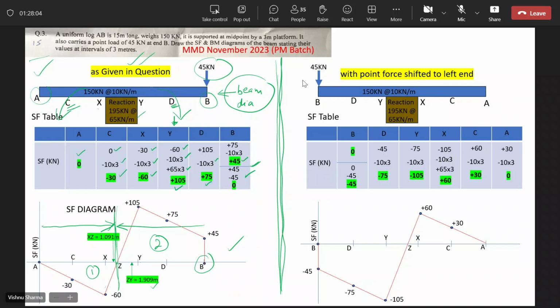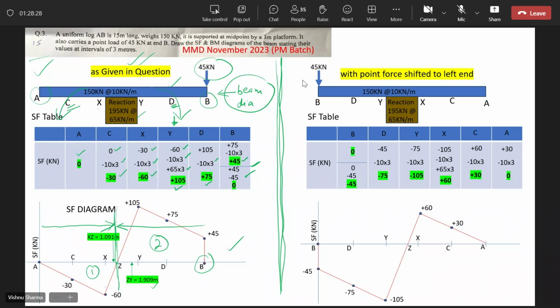That means B is a free end. If BM is not 0 there, then the beam cannot remain stationary the way it is drawn in the diagram. Yes or no? Yes, sir. So that means it is basically resulting in two cantilevers, right? Two free ends. It is not supported at one point, but it is behaving like two cantilevers, correct?